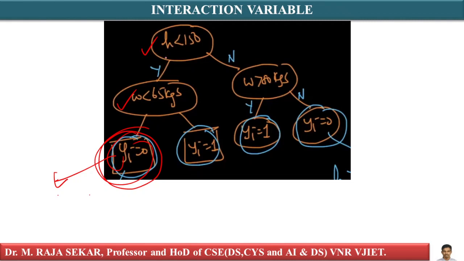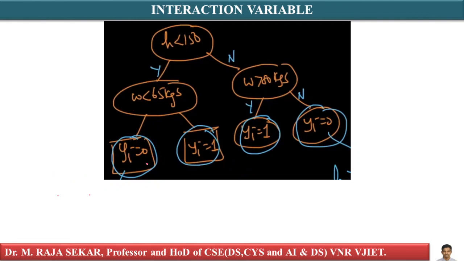Height is one variable and weight is another variable. Similarly, I can create one for each of these. I can create a feature for each leaf node, isn't it?